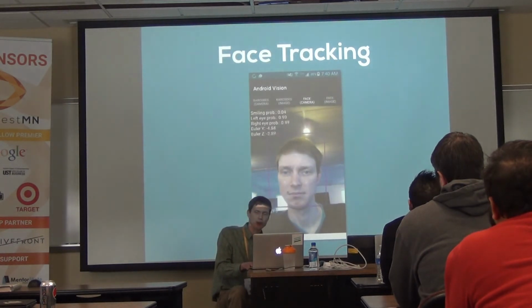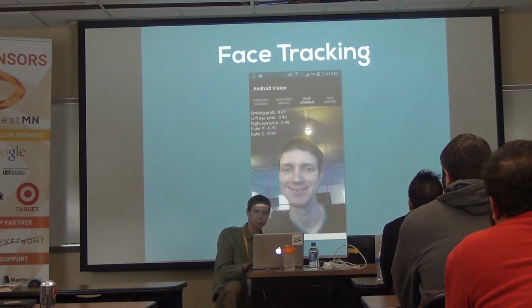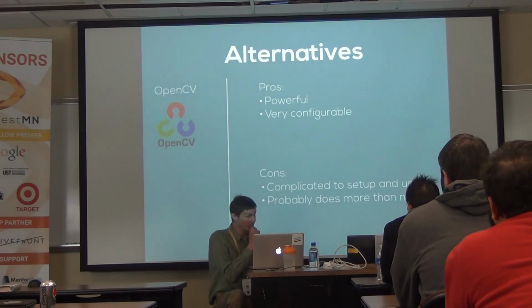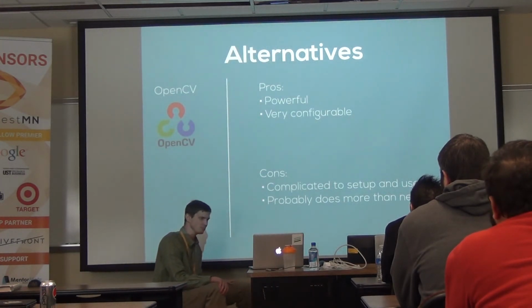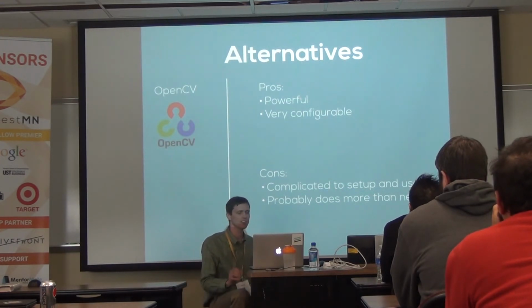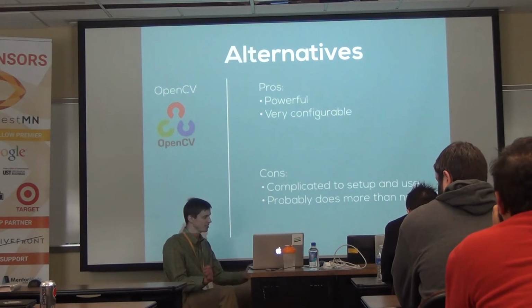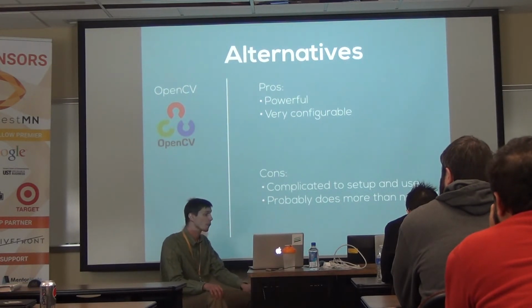So like with barcodes, I wanted to touch on some alternatives to the face API. Really the only one I've used extensively is something called OpenCV. It's kind of unfair to compare the face API to OpenCV though. OpenCV is a complete computer vision library. It's very, very powerful, very configurable.